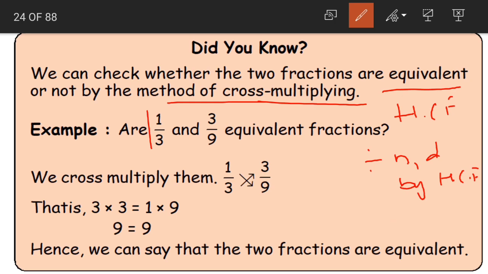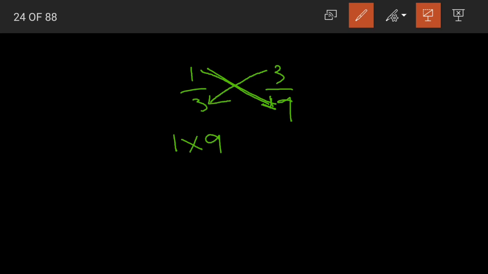For example, the question is, are 1 by 3 and 3 by 9 equivalent fractions? We need to cross multiply. 1 by 3, 3 by 9. Cross multiply means the numerator of the first will be multiplied by the denominator of the second: 1 into 9, and the numerator of the second will be multiplied by the denominator of the first.